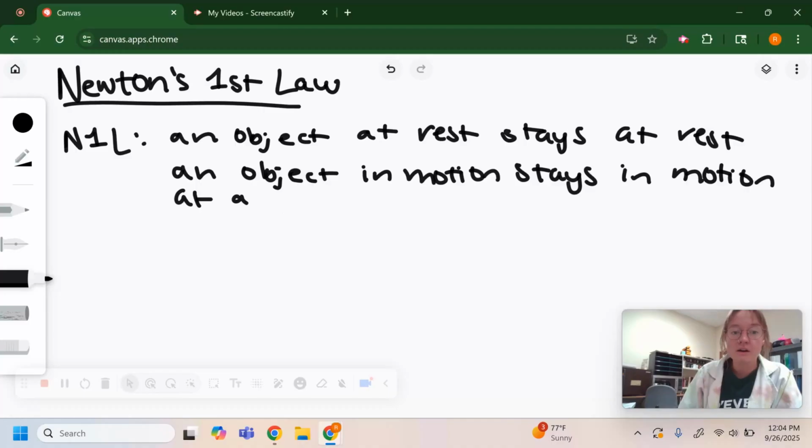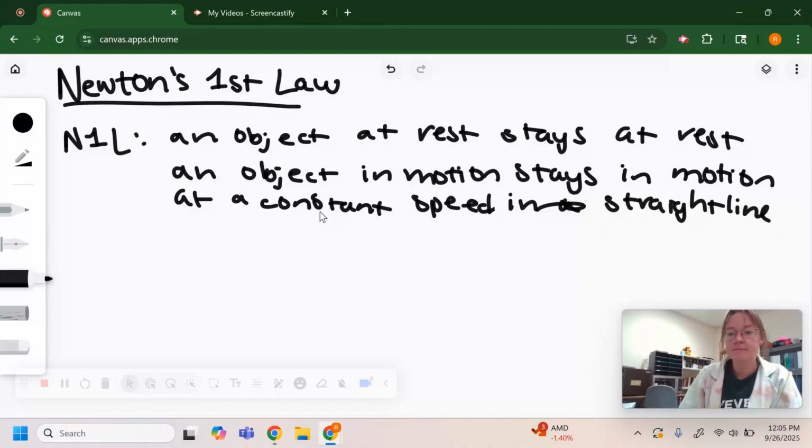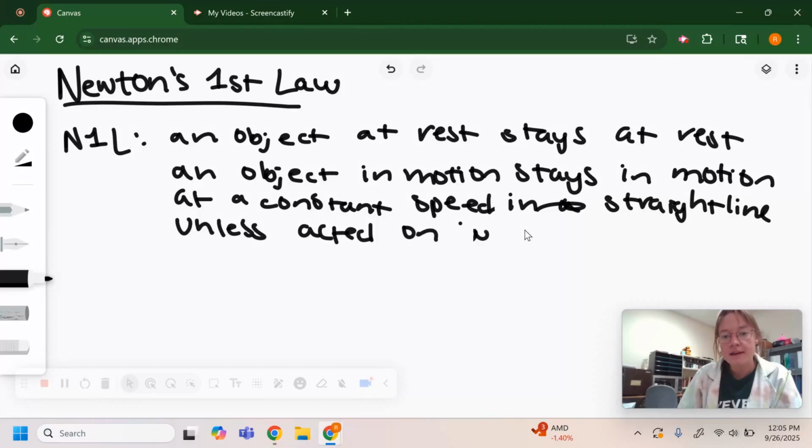At a constant speed, in a straight line, unless acted on by an outside force.